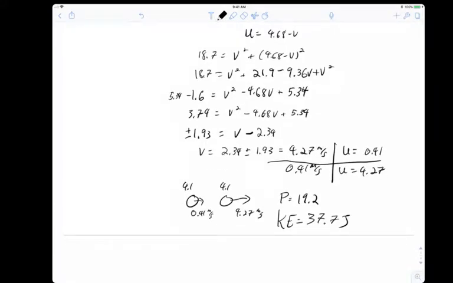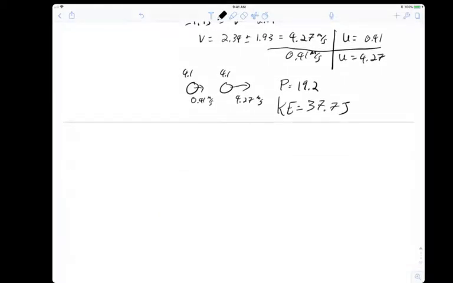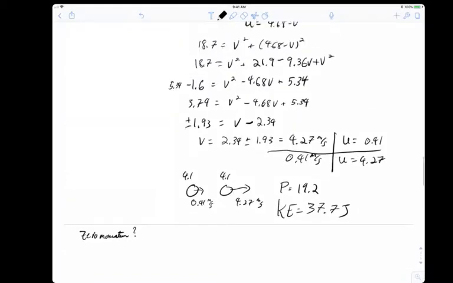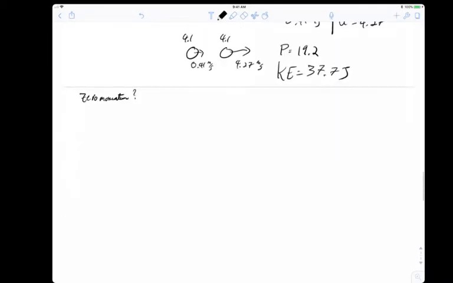So all right, that's one way to do it. There's a secret way. You know how we spent so much time on the zero momentum reference frame? Okay. Well, let's draw our pucks over here again.